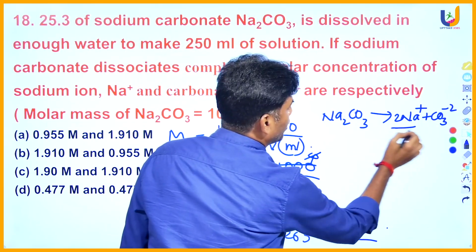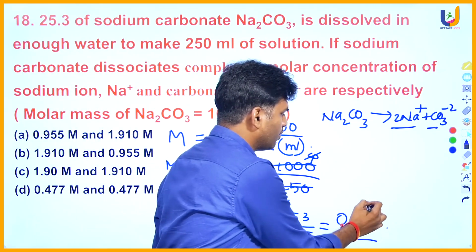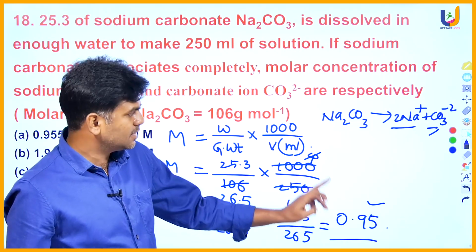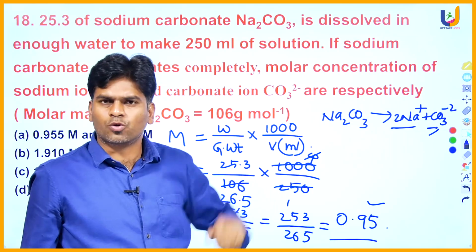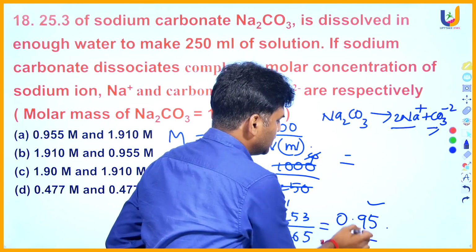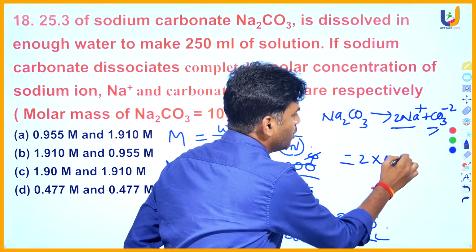So here 2 sodium ions and 1 carbonate ion we are getting. The carbonate ion is only one ion, so it has the same concentration, 0.95. But for sodium we have 2 moles, so that means for sodium, 2 into 0.95.